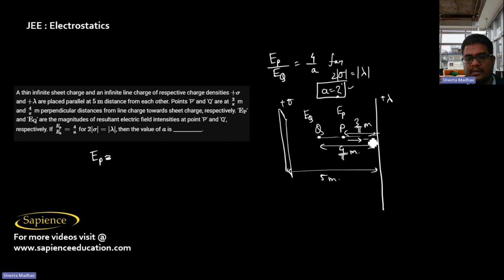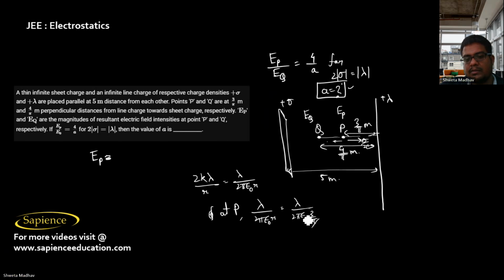Here we will have sigma by 2 epsilon naught and here we will have 2k lambda by r. Now 2k lambda by r is lambda by 2 pi epsilon naught r. So at the point P, lambda by 2 pi epsilon naught r is equal to lambda by 2 pi epsilon naught into 3 by pi. Pi and pi will cancel, which is lambda by 6 epsilon naught.